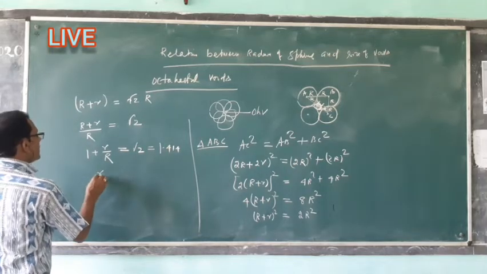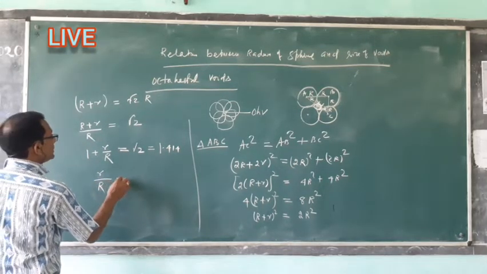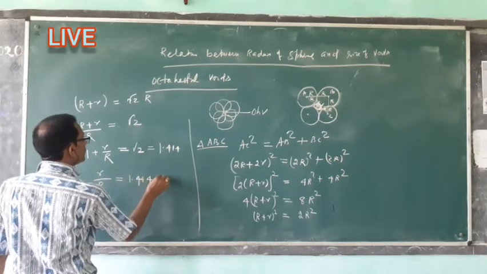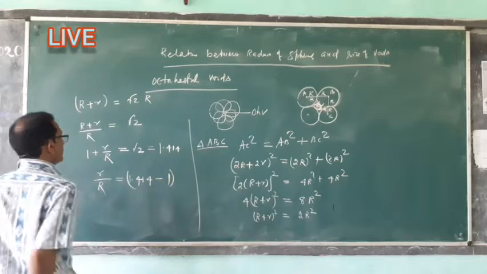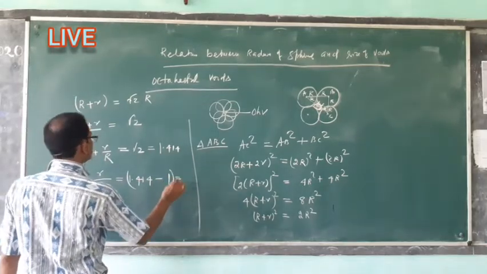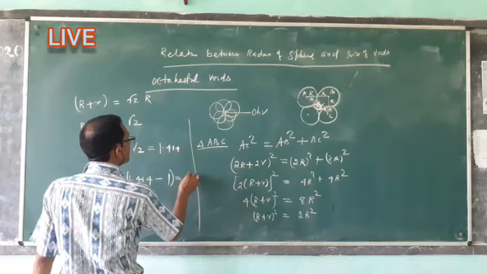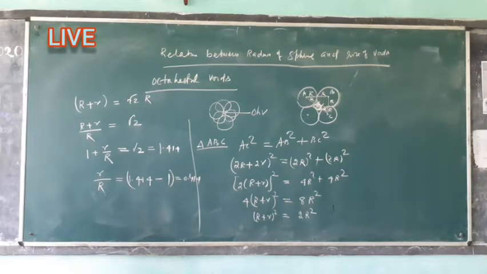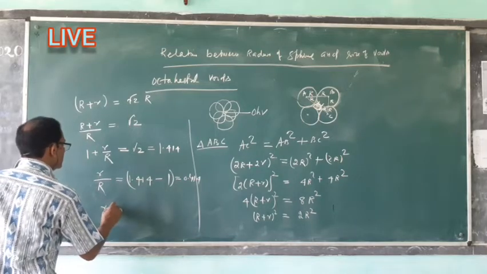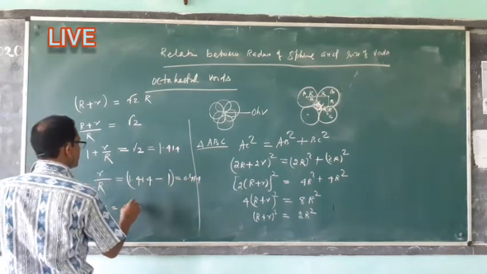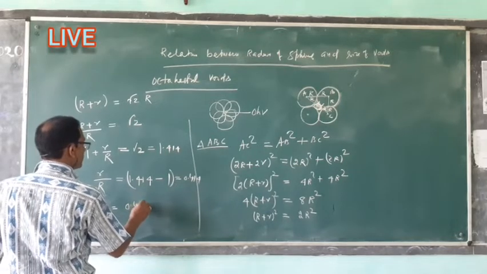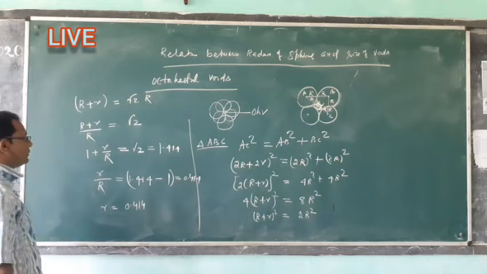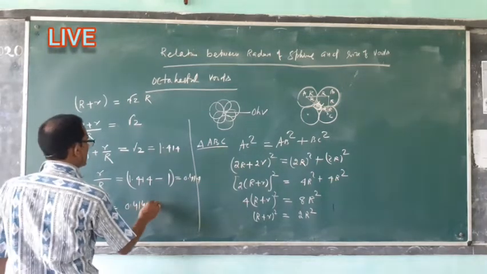So small r by capital R is equal to 1.414 minus 1, which is equal to 0.414. Now small r is equal to 0.414 capital R.